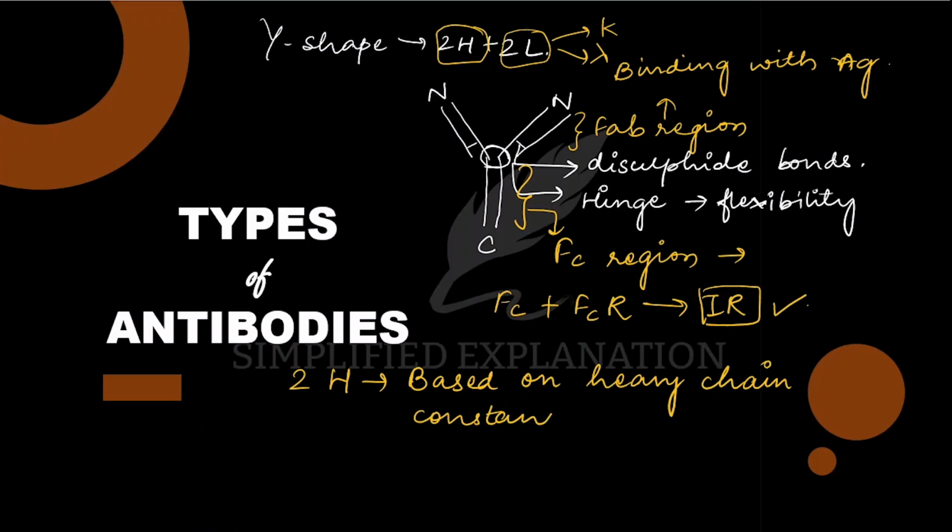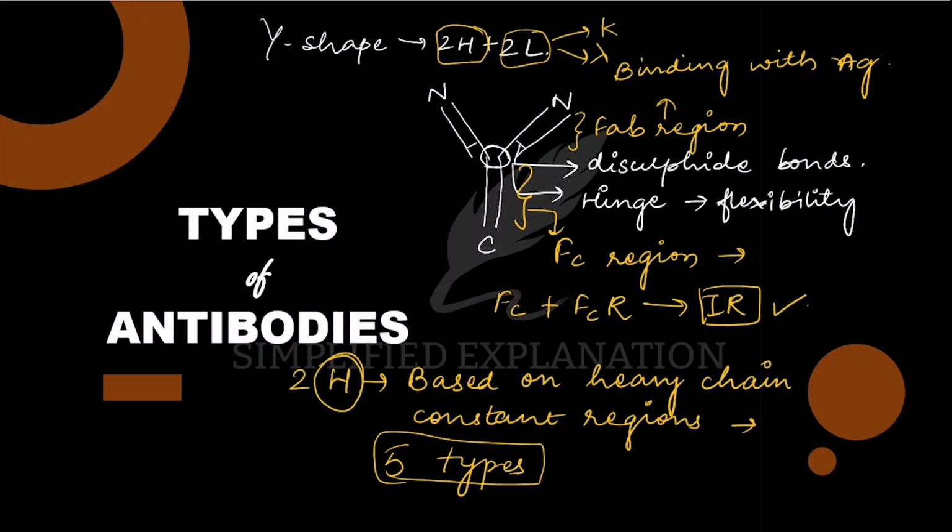There are 5 types of antibodies, so the heavy chain is the major part contributing to the types of antibody.